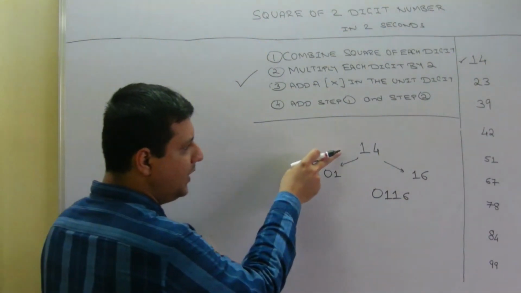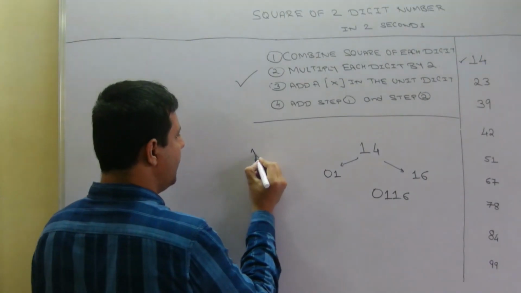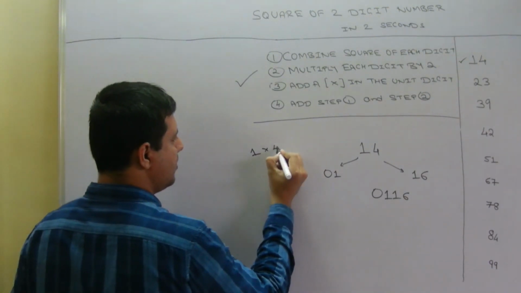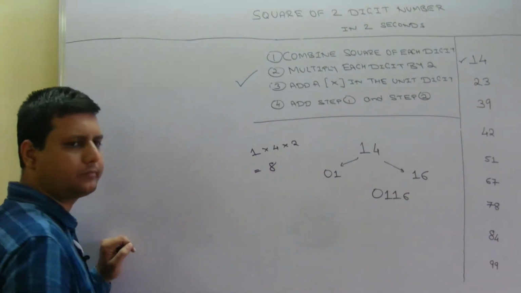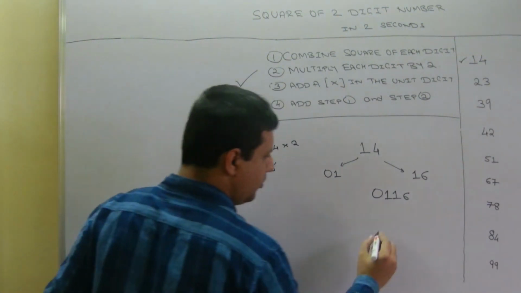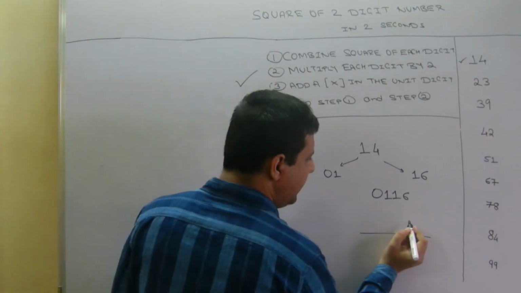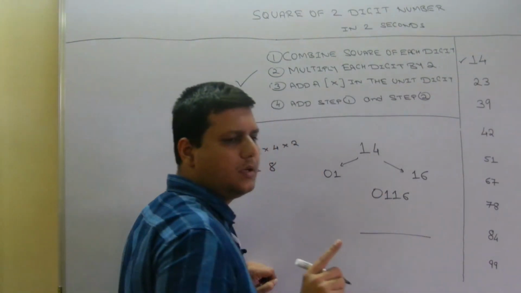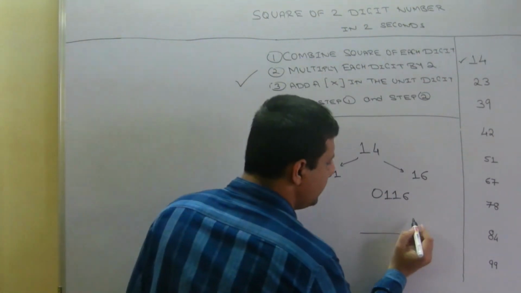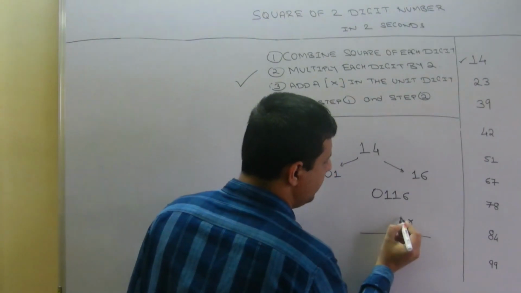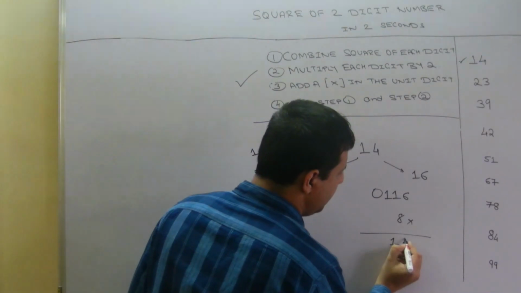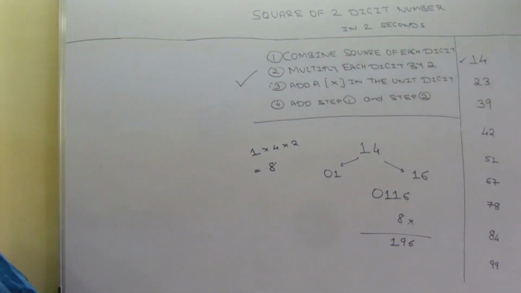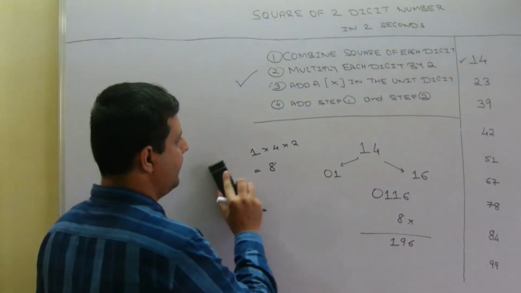Now, we have to multiply both the digits by 2, so we get 8. Next step will be adding 8 over here, but remember that you have to leave the unit digit. So what we get here is 196. Let's move on to the next sum.